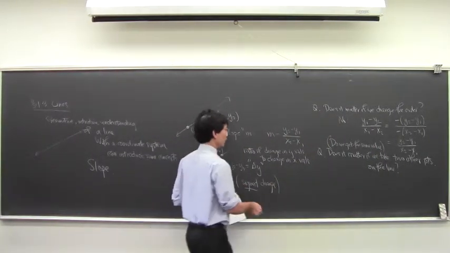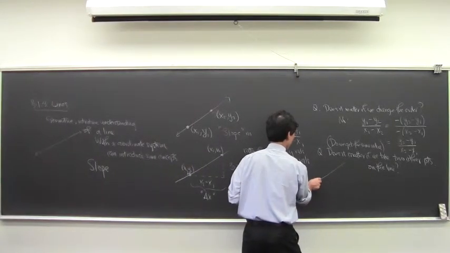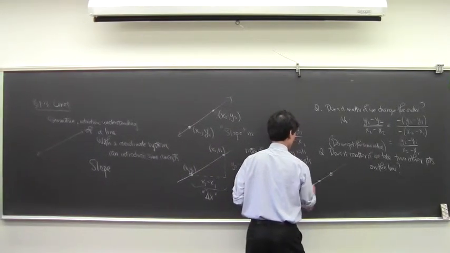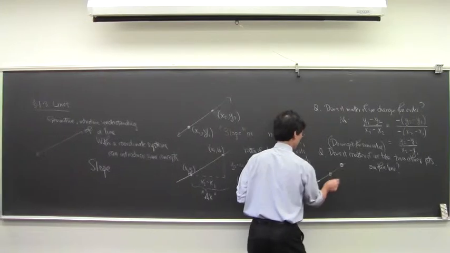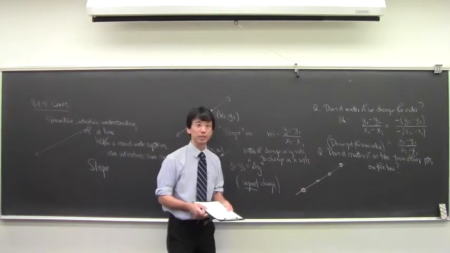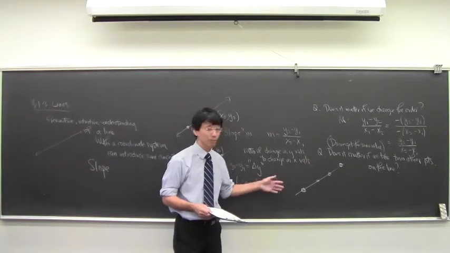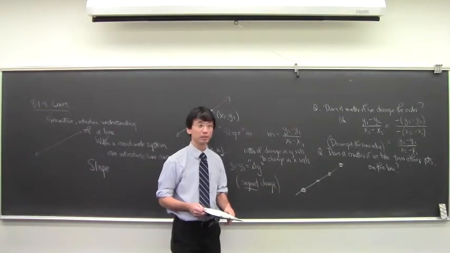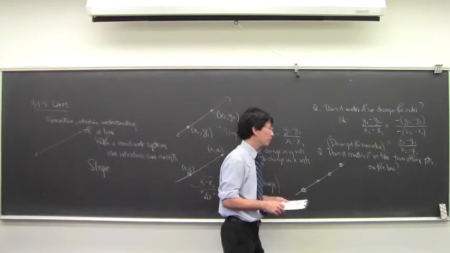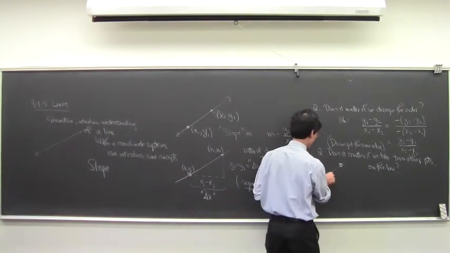So if I take, instead of those two guys, suppose I take this guy and this guy. Are you still going to get the same thing? Okay. People are nodding. Why? Why do you get the same thing? Because the ratios are the same. Why are the ratios the same?